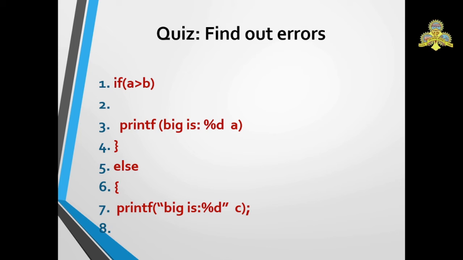Find out the errors, and you have to write the errors with line numbers. Here I have written line numbers also. Along with the line numbers, you have to write the errors present in that particular program.